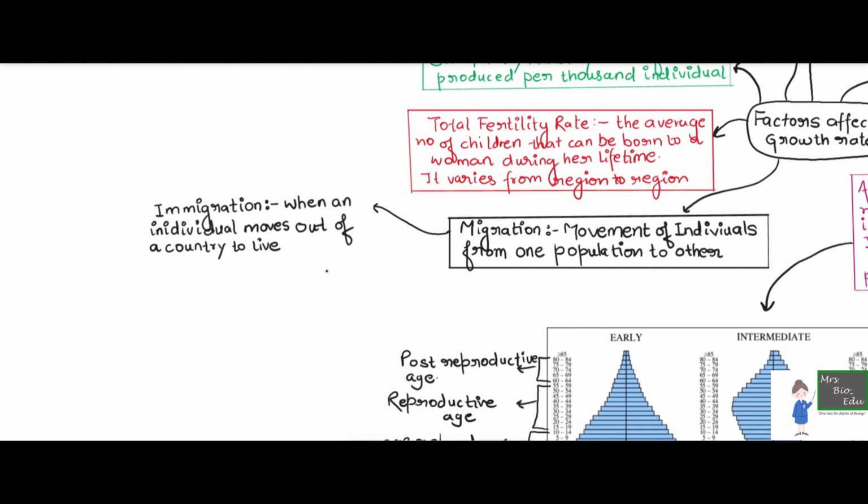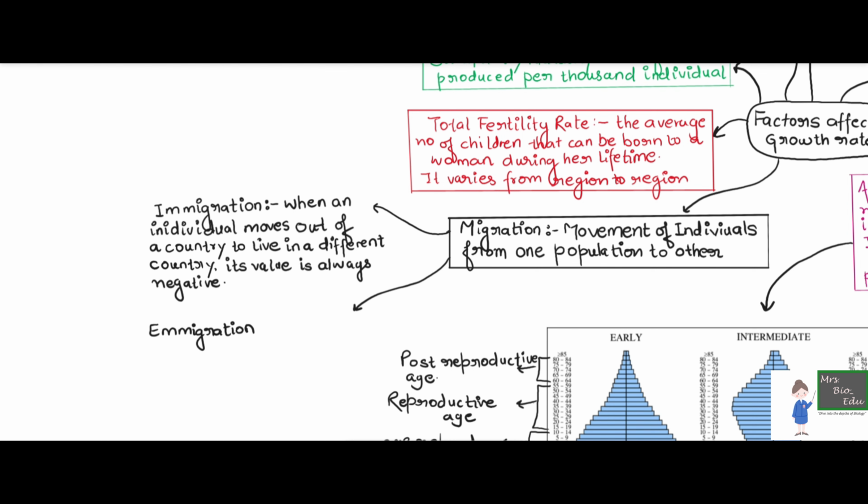So he will be excluded from the population in India, but will be counted as an immigrant in that country where he is now going to reside for a period of time. And because it involves movement, its value is always subtracted from a population. So it is always negative.